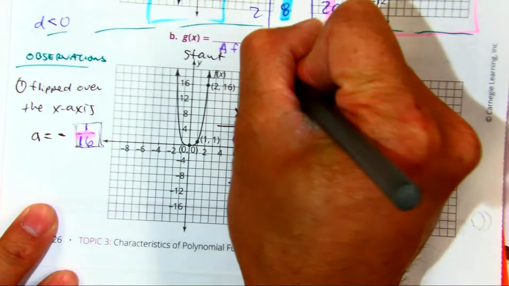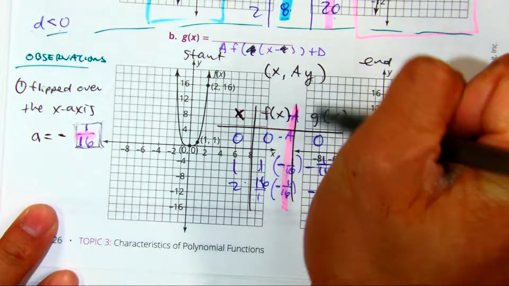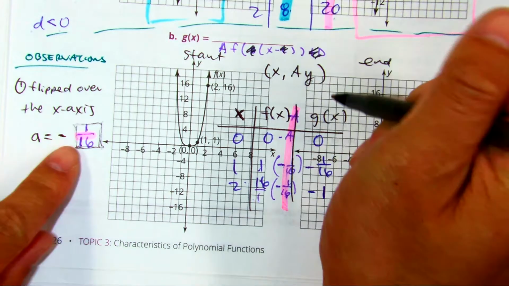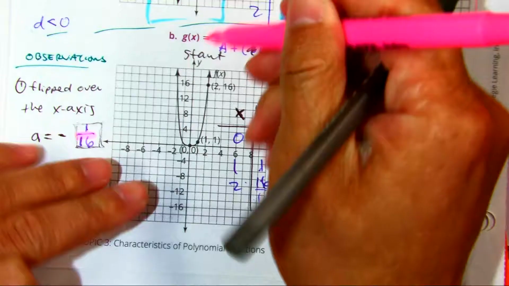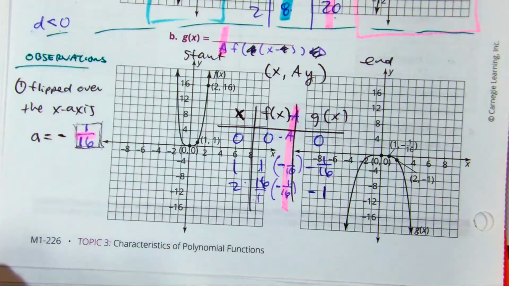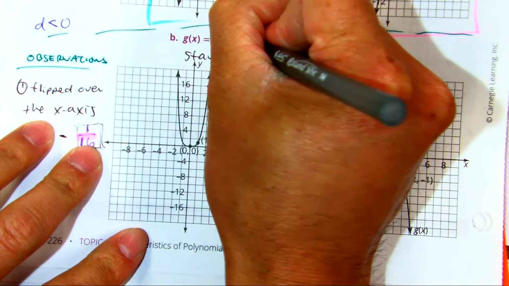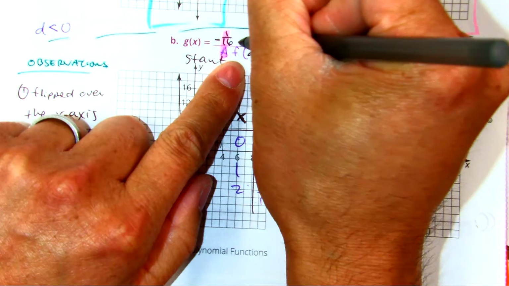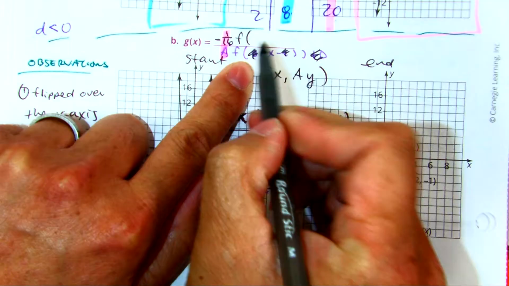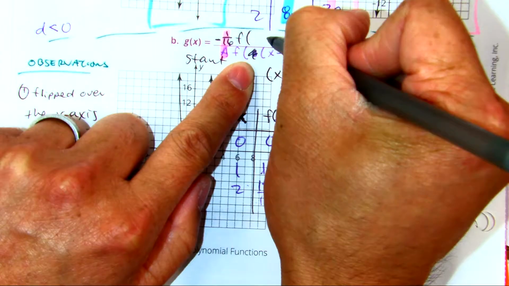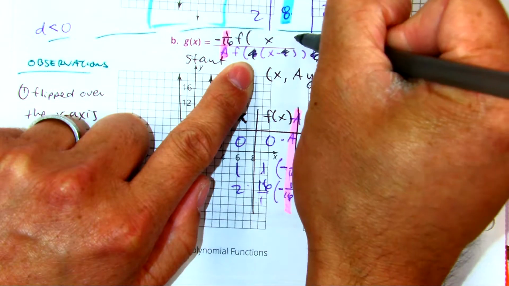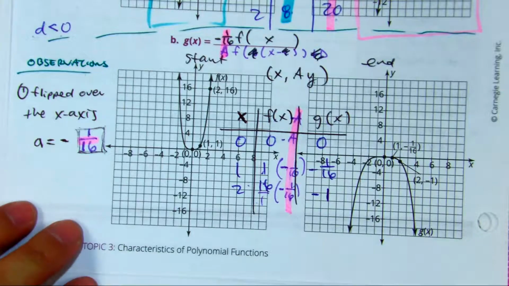Do you have a C value? Do you have a D value? So I just write in A value, negative 1/16. F stands for function. I only need one set of parentheses because I just have this X value. I don't have a B value or a C value. And that's it.